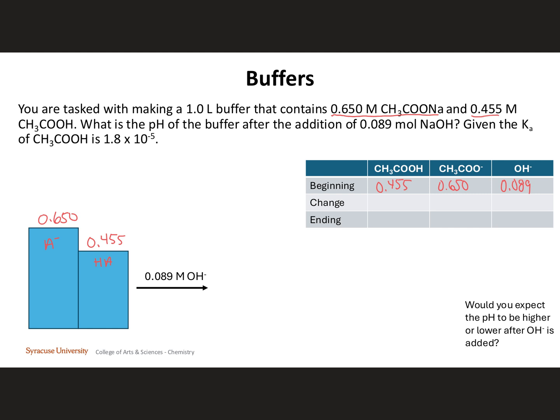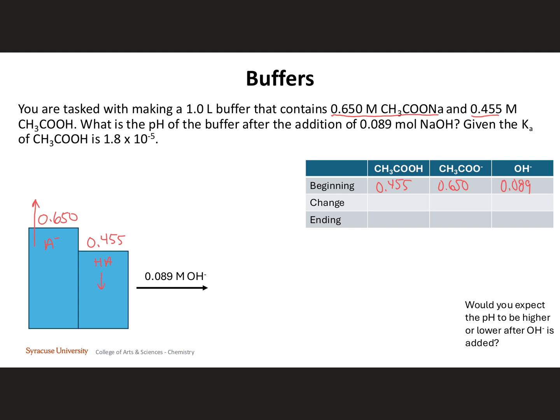We add a strong base to that, right? Basic instinct should tell you if you're adding a base to a solution, the concentration of the conjugate base should go up. The pH should also go up, and the concentration of my acid should go down.